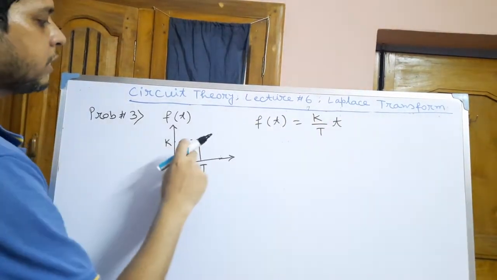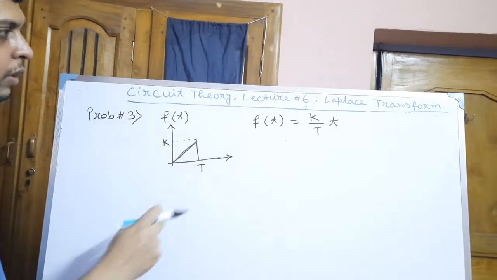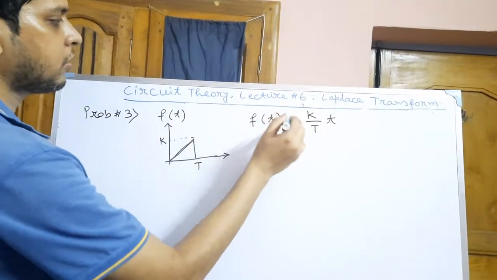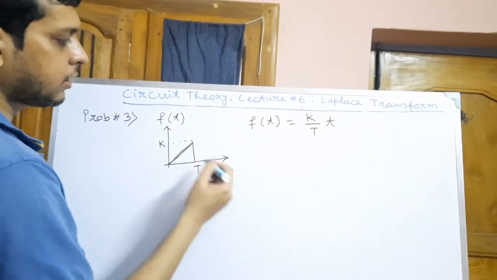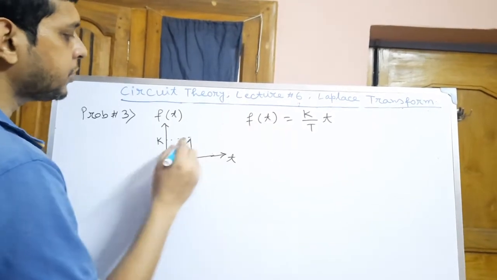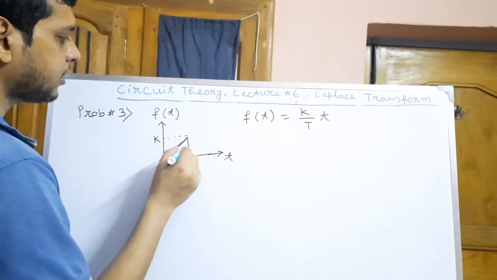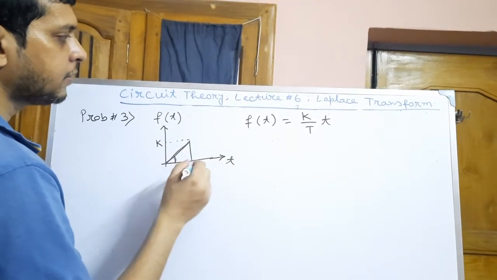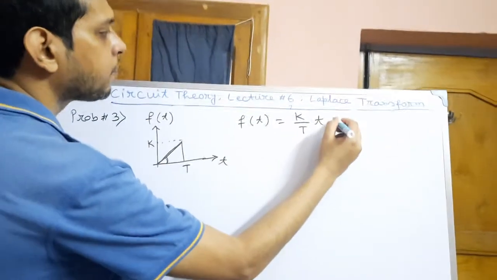y equal to mx, where m equal to the slope of the line. Slope is what? This is tan theta equal to k by T, into t.